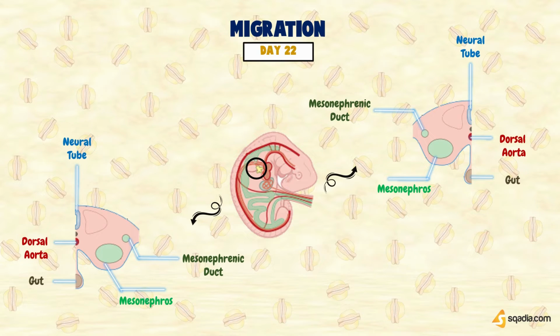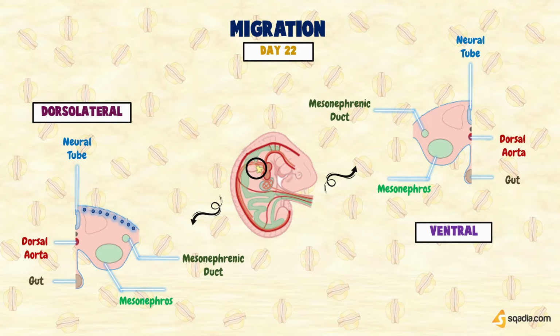The two groups of trunk neural crest cells that migrate in different directions are: one group migrates dorsolaterally towards the midline ectoderm, and the other group migrates ventrally around the neural tube and notochord.